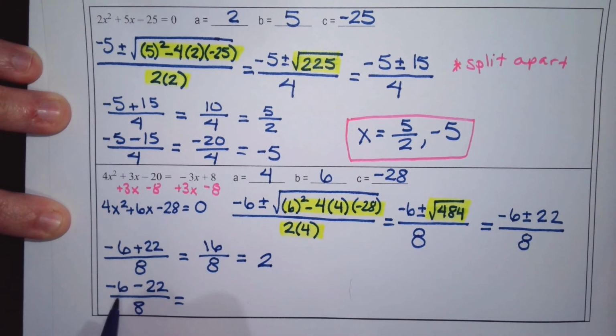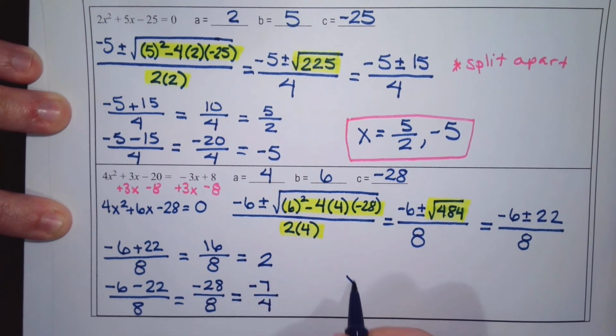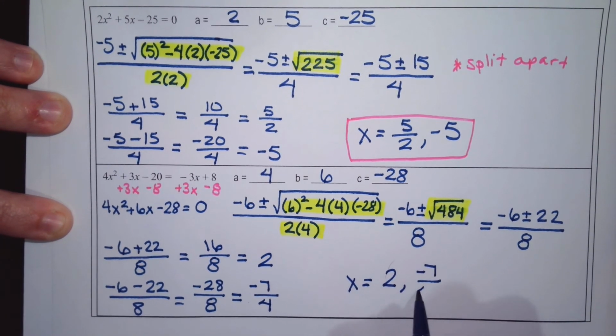Negative 6 minus 22 is negative 28 all over 8. And then that will simplify to negative 7 over 4. So x is equal to 2, comma, negative 7 over 4.